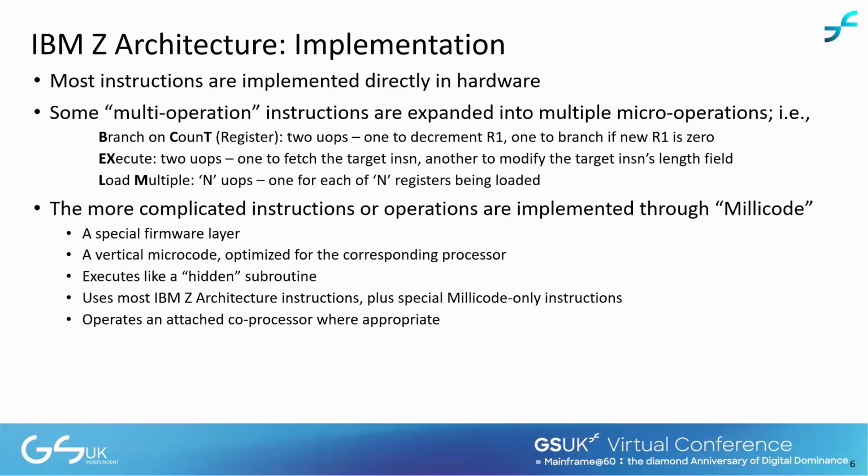But then you have some of the crazier instructions, pretty much anything in chapter 10 of the Principles of Operation, and a number of those in chapter 7. Move character long, which I mentioned before, is a nice example, where you have to do access exception checking at the page boundaries at the start, at the end, and everywhere in between every time you cross a page.